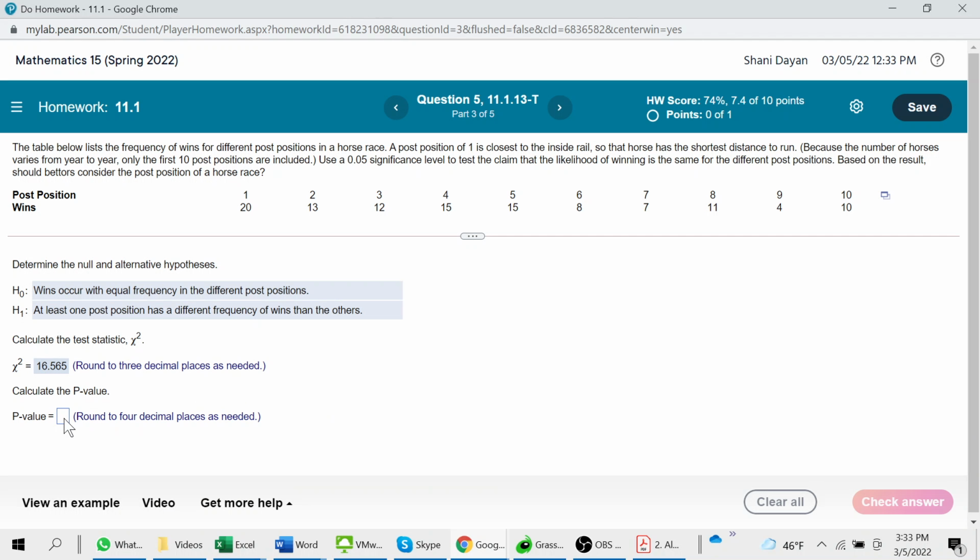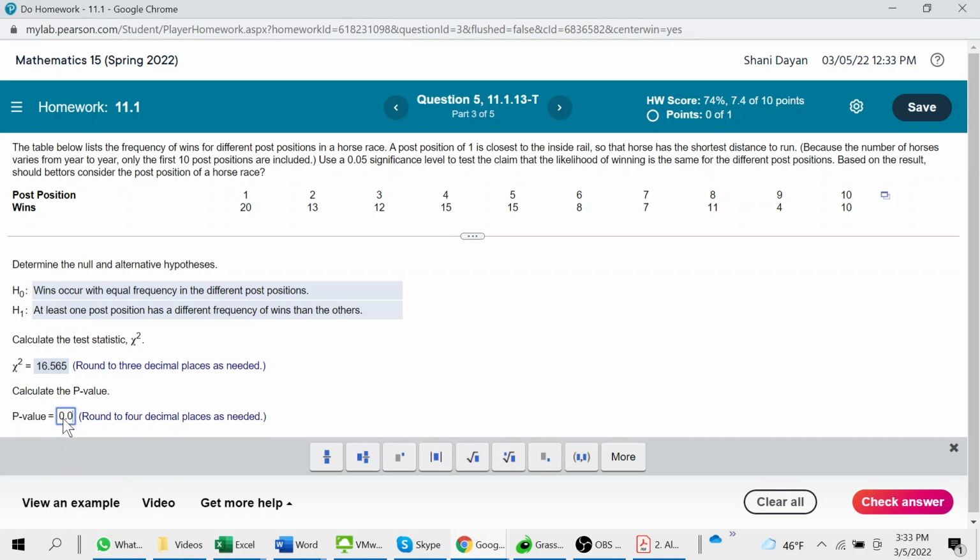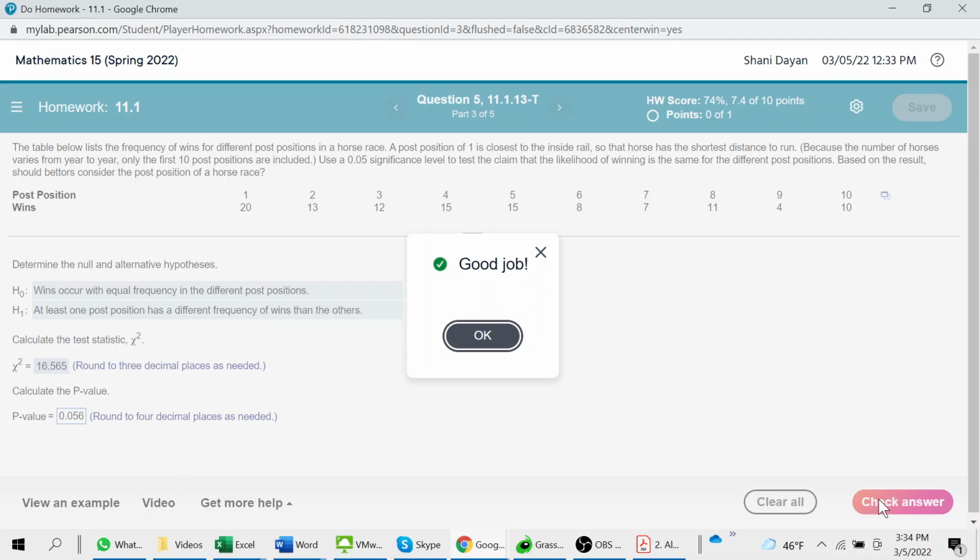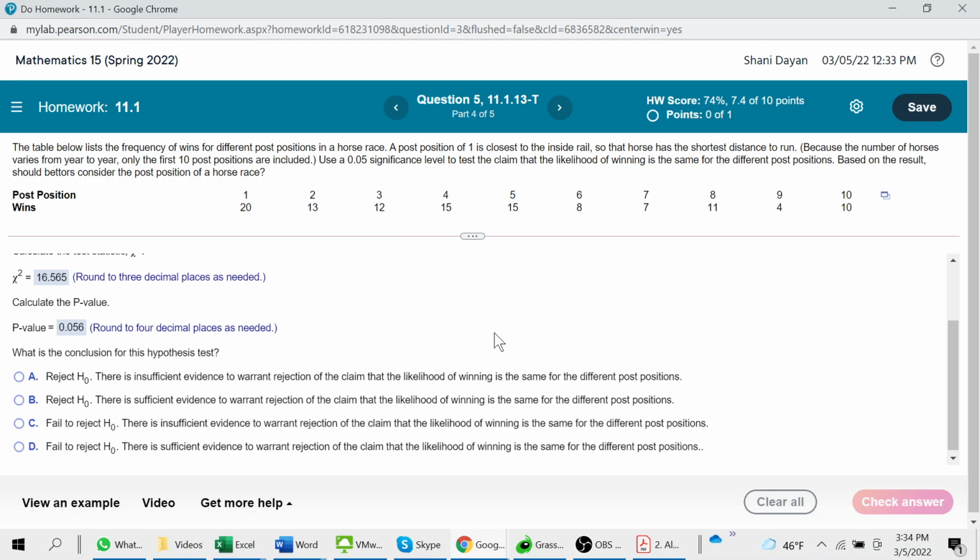The p-value, according to my calculator, is 0.056. Wait, 0.05... yes, 0.056. Good job.